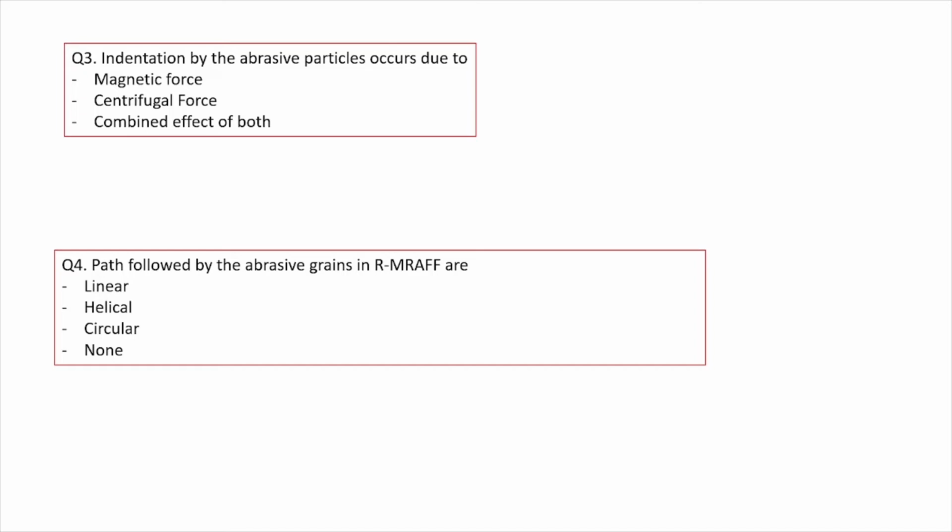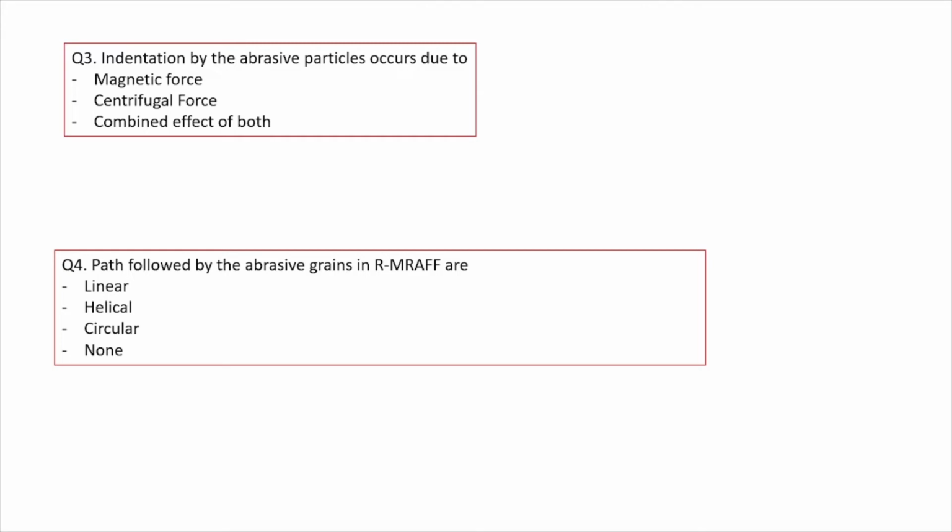So actually the effect of those forces plays an important role in shearing, in indenting the materials from the workpiece surface by the abrasive particles. In which direction or which way, due to which force, are the workpiece materials shearing out with the help of abrasive particles?